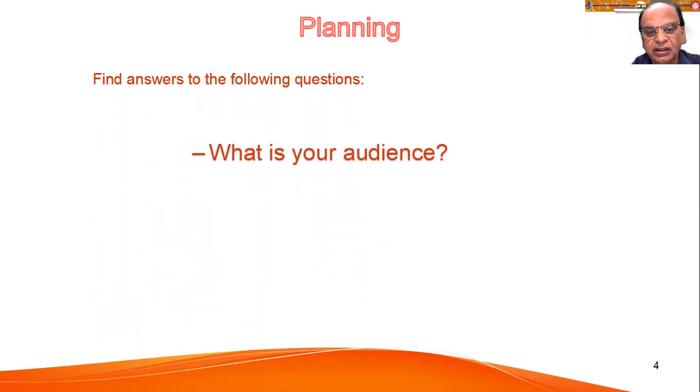Next, planning. So how to go about this planning part, let us see. For planning, you will have to find the answers to the following questions. First of all, you should know who your audience is. Who will be the people you will be talking to?